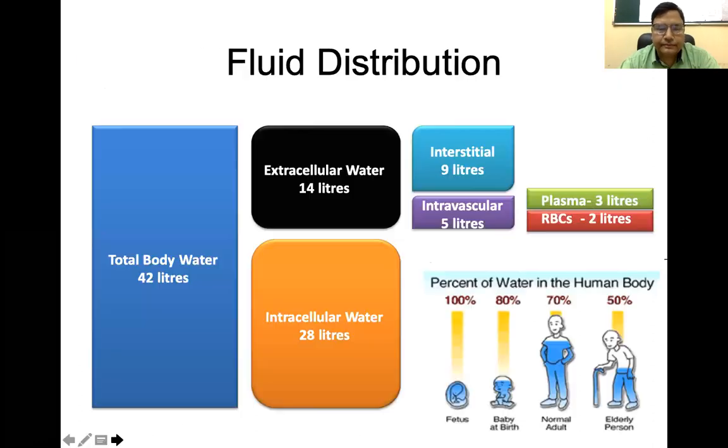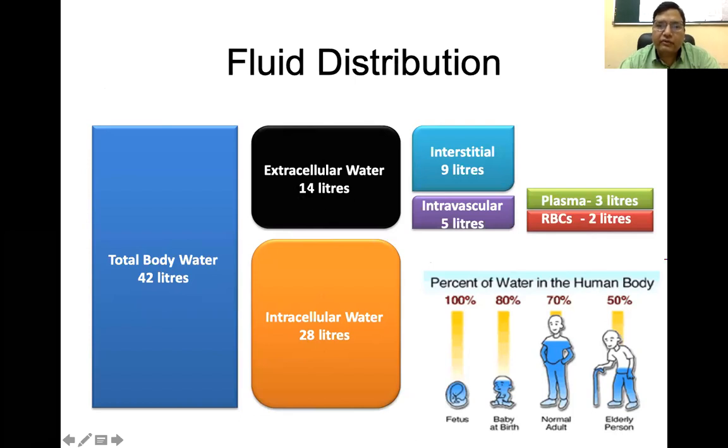So if we see the fluid distribution of our body, approximately it is 40 to 45 liters, that is the total body water. So it is around say 42 liters, out of which 2/3 of the liquid is present intracellularly, that is around 28 liters, and extracellularly it is around 14 liters, that is the 1/3.